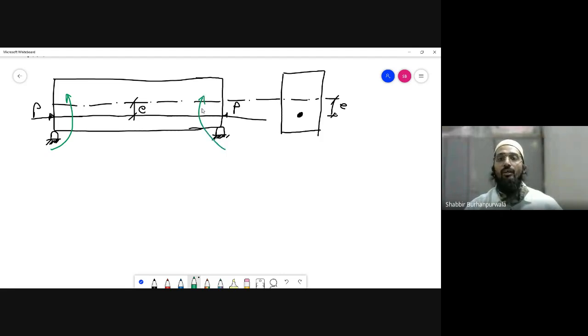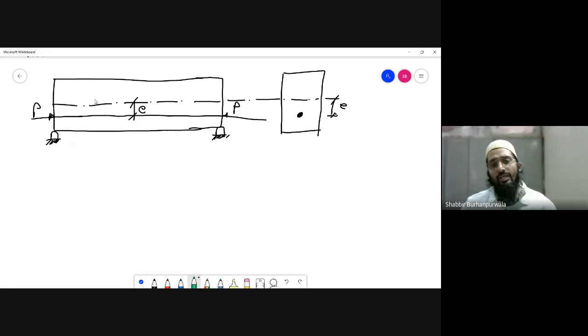This is the direction of deformation produced because of this pre-stressing force or pre-stressing moment, which is a sense of hogging, and the external loads that were present produced sagging.